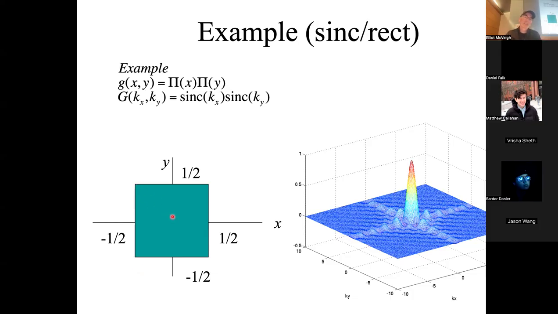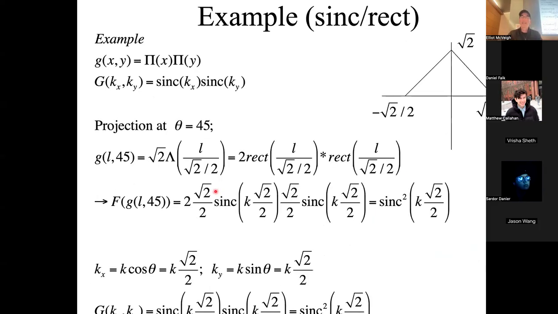The integral will be much larger here than it is out here. So it's actually going to be a triangle function, because if I put a line along here and I integrate down here, I get a triangle function. And here's your triangle function, which is the projection at that specific angle of the rect function.